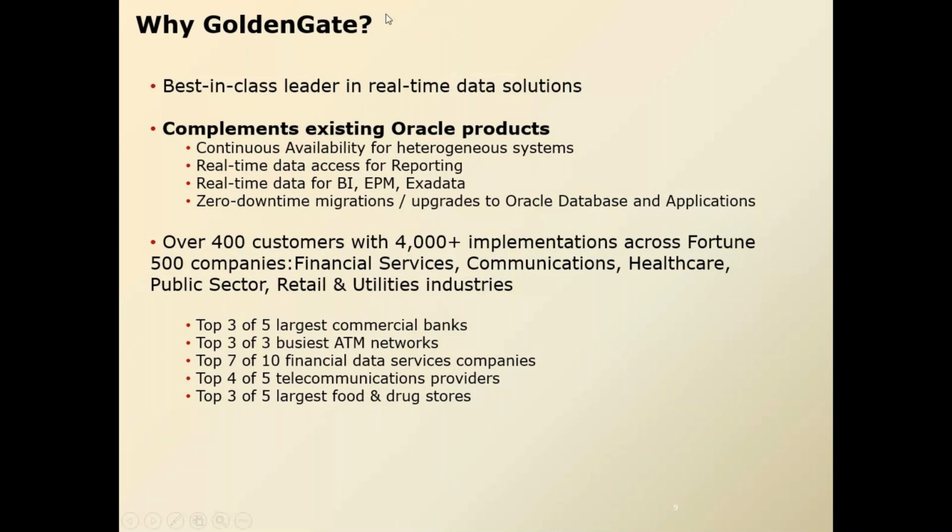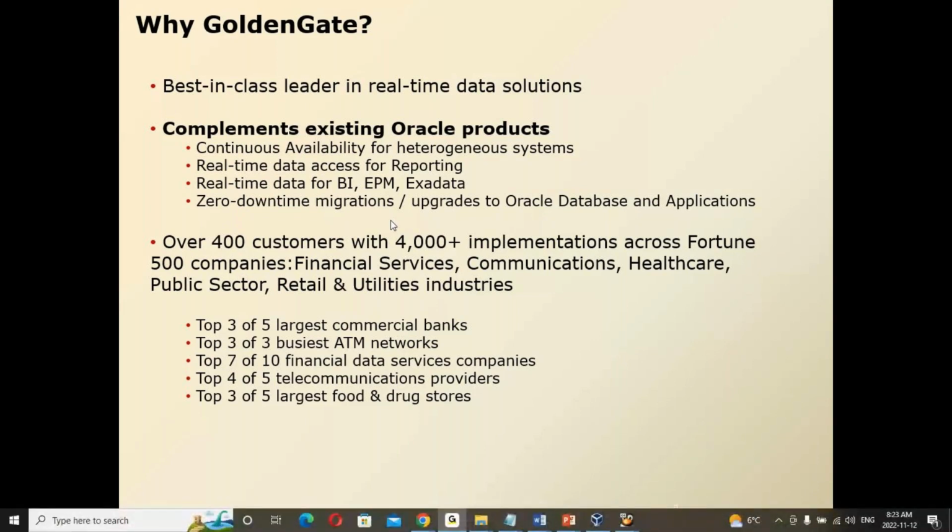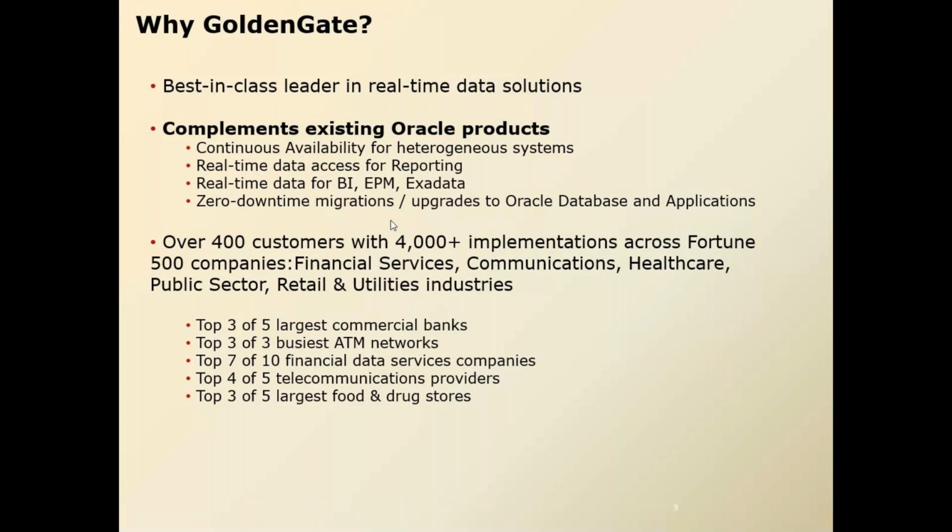Then Golden Gate is also used for zero downtime upgradation and migration to Oracle databases and applications. So Golden Gate is used for real-time data replication. Along with that, you can use Golden Gate for zero downtime upgradation and migration. As I mentioned to you, there are a lot of cloud migrations going on.